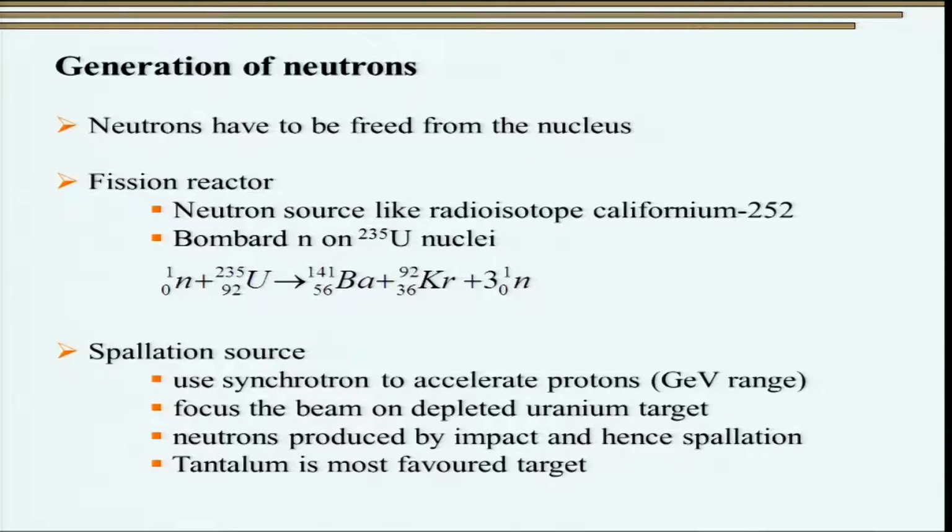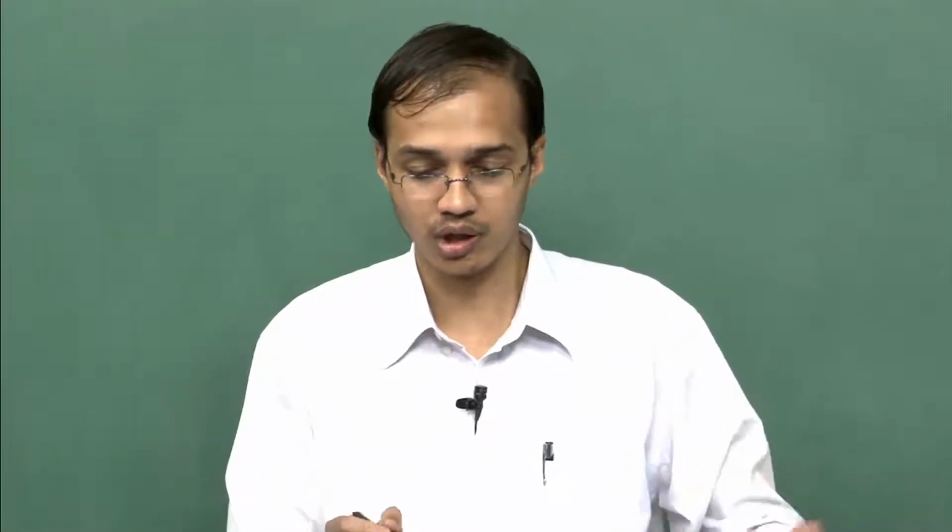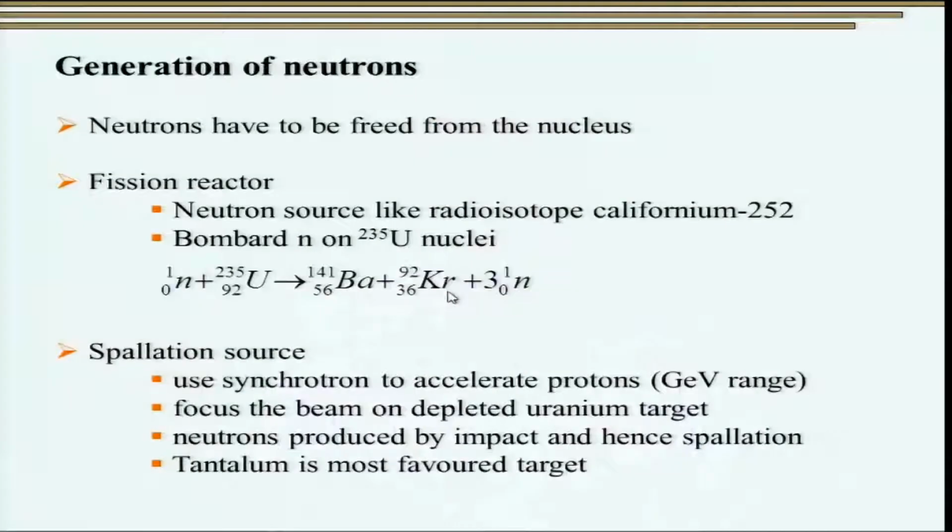In a fission reactor, we use a neutron source like radioisotope californium-252. Now, this releases neutrons which are bombarded on U-235 nuclei. This leads to fission of the uranium nuclei and release of neutrons. Now, with the use of proper moderator, we can control the number of neutrons that are released, and this can act as a continuous source of neutrons, right.